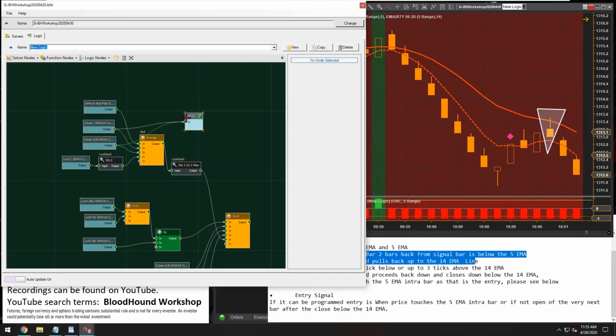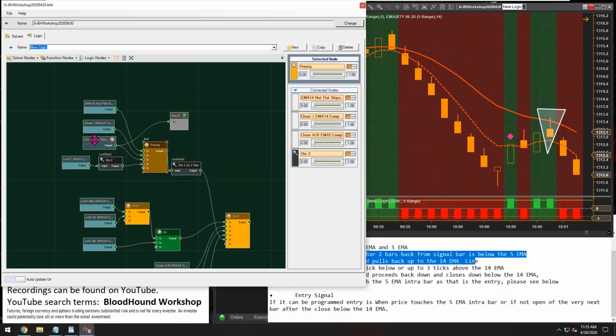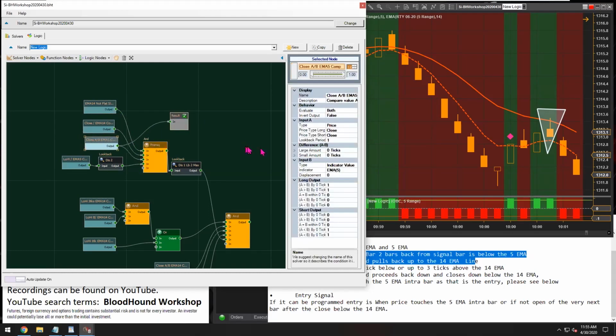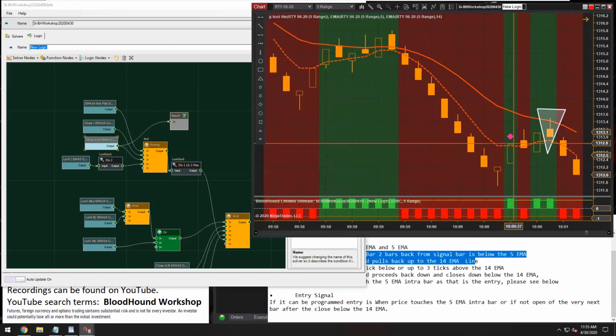As I connect all of these solvers up, there we go. I can see this solver here. There's no short on this bar. We're missing a short output on this bar.